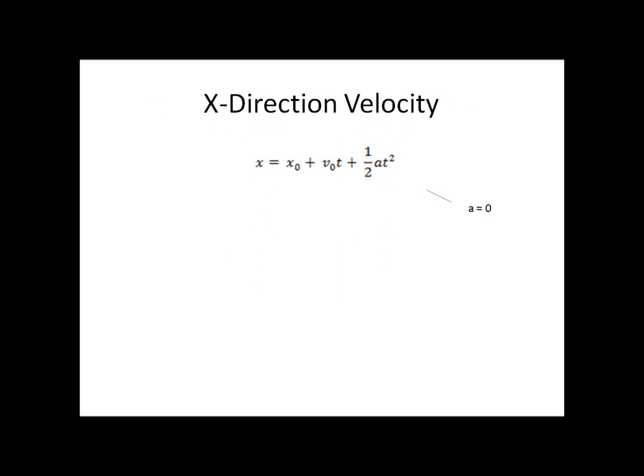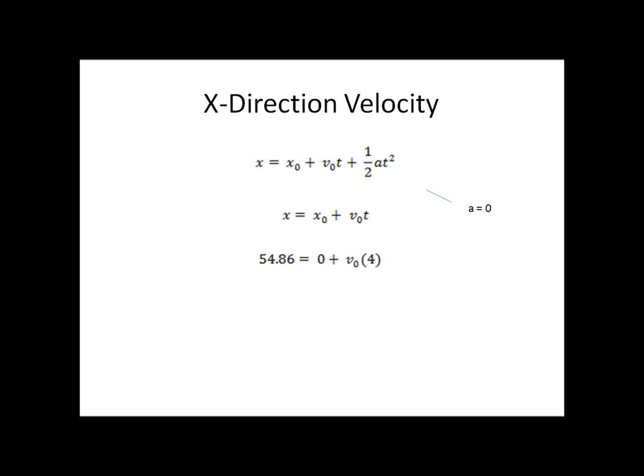Now we want the initial velocity for the x direction. We'll use the kinematic equation x equals x initial plus v initial t plus 1/2 at squared. Remember, the acceleration is 0. That's great because the 1/2 at squared term gets wiped out. Now, let's plug in our values.